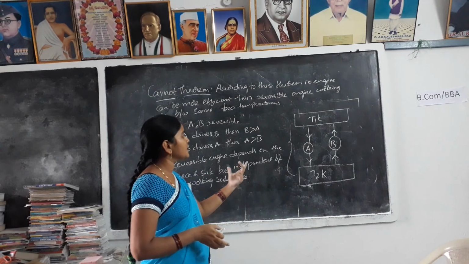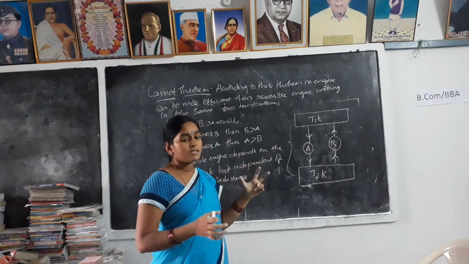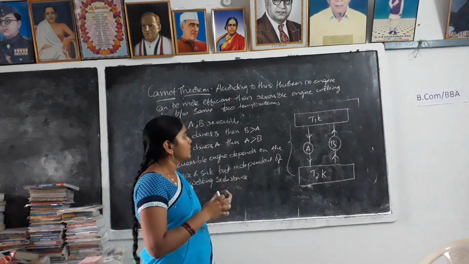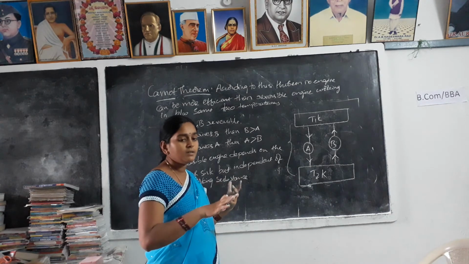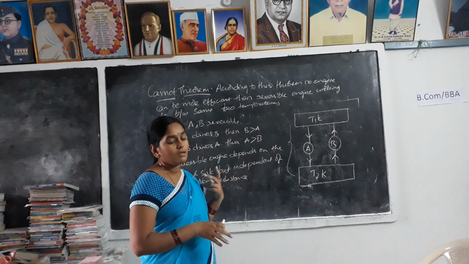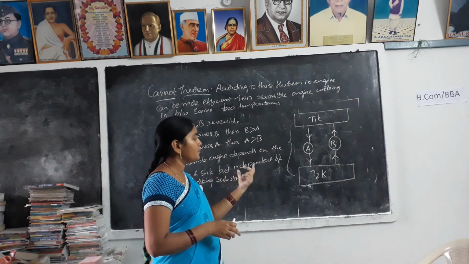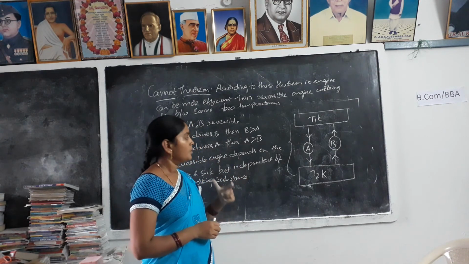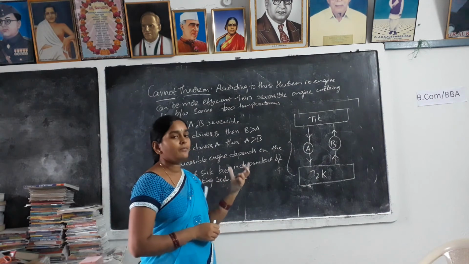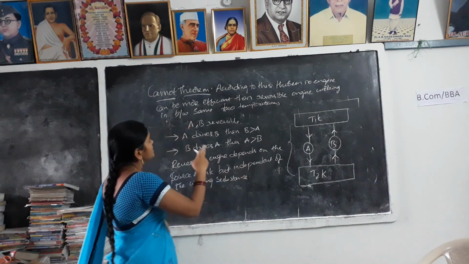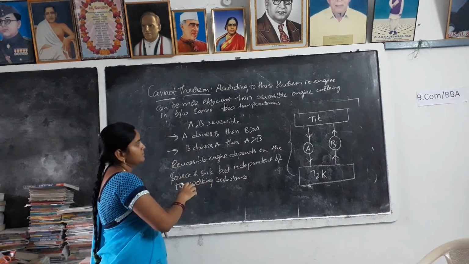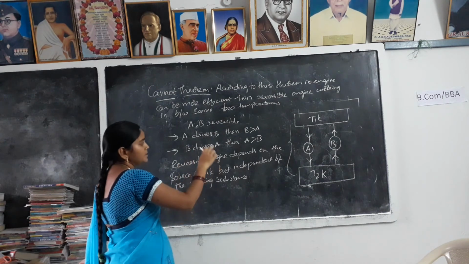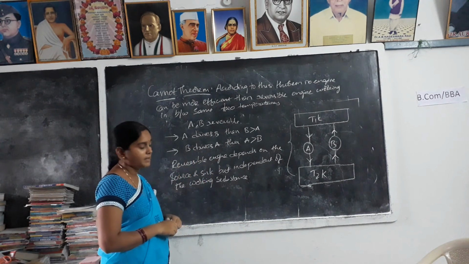In the second case, we couple both the engines, and due to that, extraction is greater than the given. That statement is impossible according to the second law of thermodynamics. So, by those two conditions, we conclude that the reversible engine is more efficient in working between the two temperatures, right?